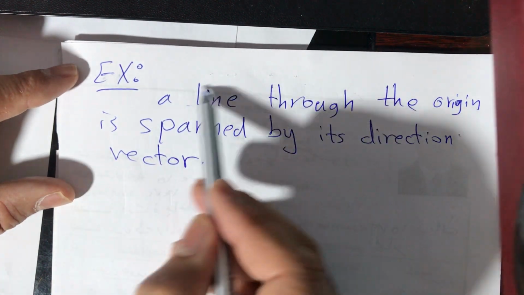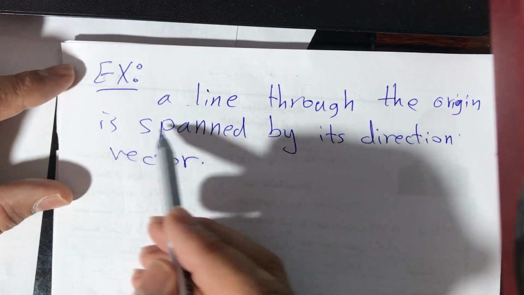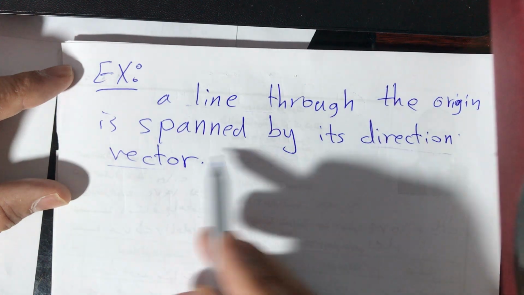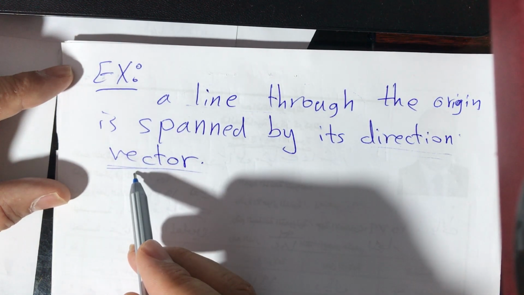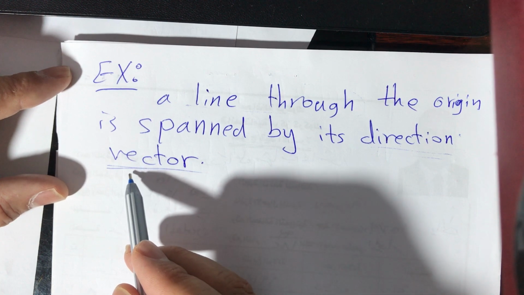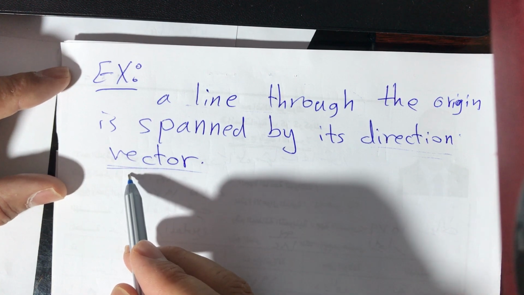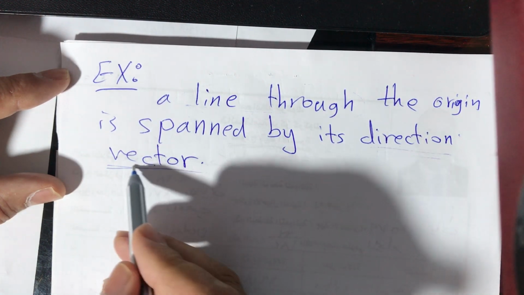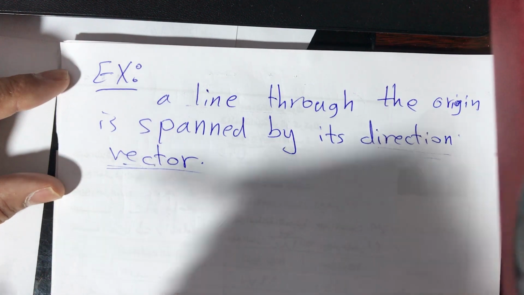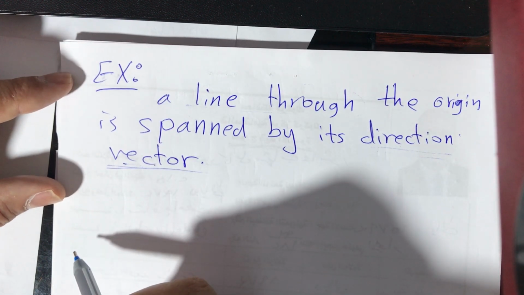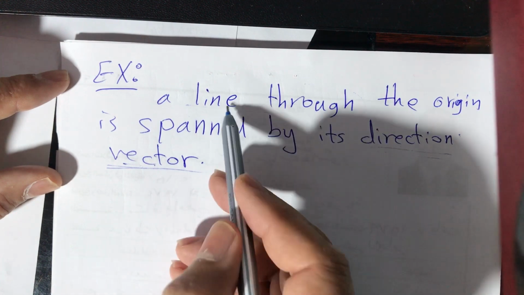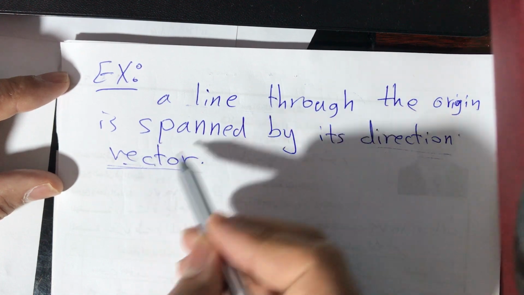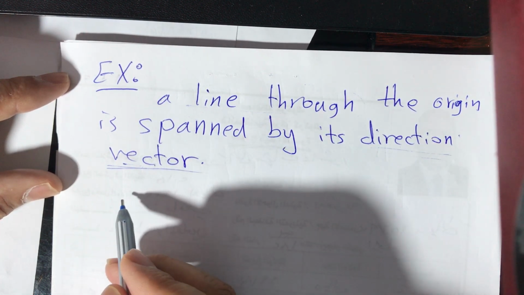Any line, أي خط، خط يمر من نقطة الأصل spanned by its direction vector، المتجه. أي خط يمر بنقطة الأصل يتولد من المتجه اللي يمر من خلاله، اللي بنفس الاتجاه ماله. أي خط يمر بنقطة الأصل يتولد من متجه يمر بنفس الاتجاه هذا الخط.